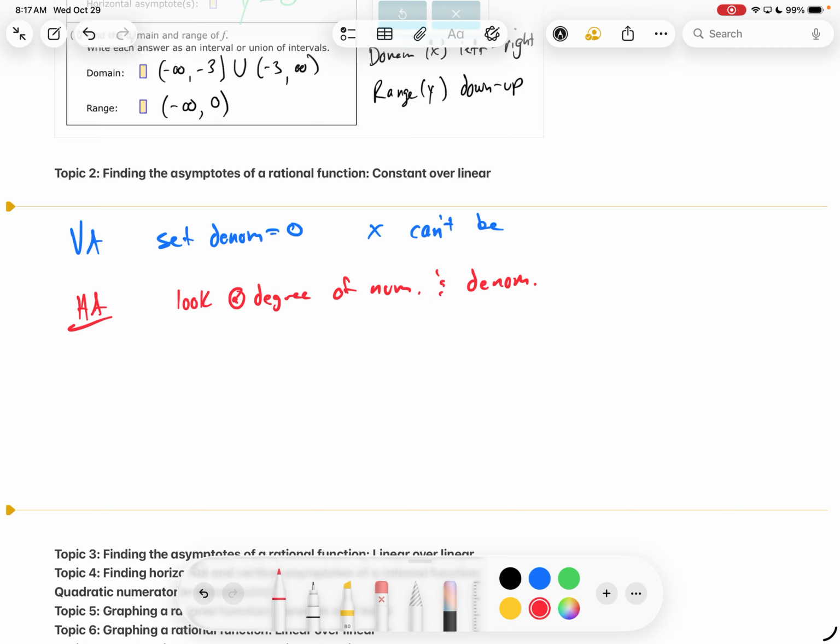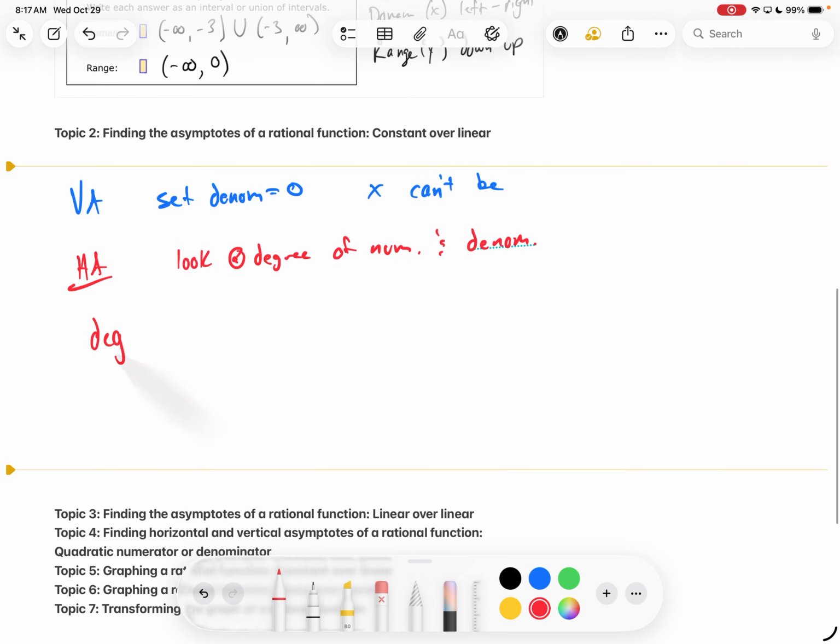If the degree of the numerator is less than the degree of the denominator, which happens most of the time, this is called a proper rational function. Then the horizontal asymptote is y equals 0.